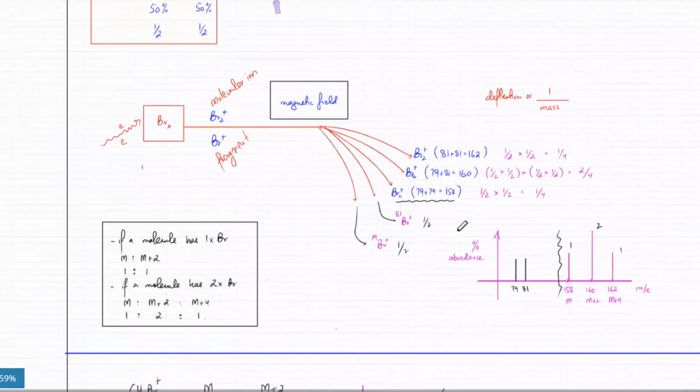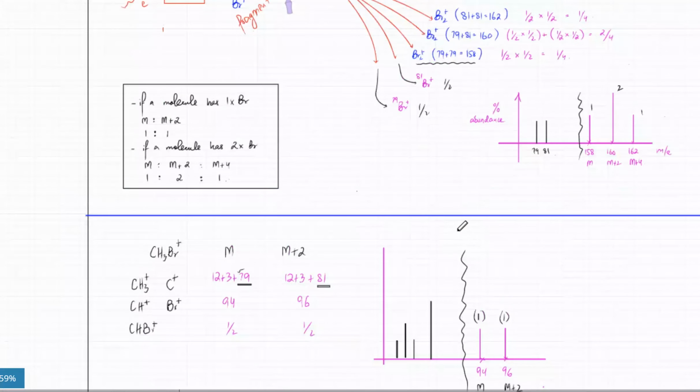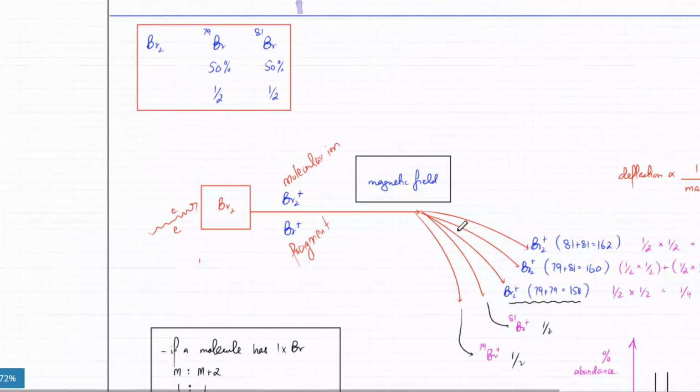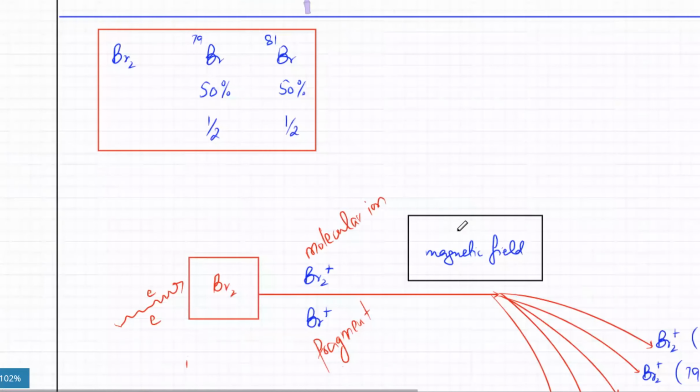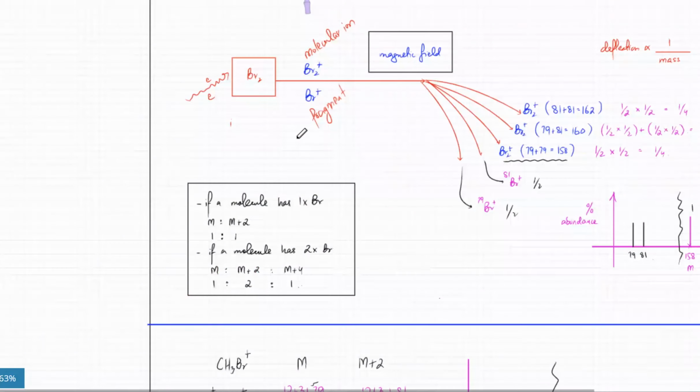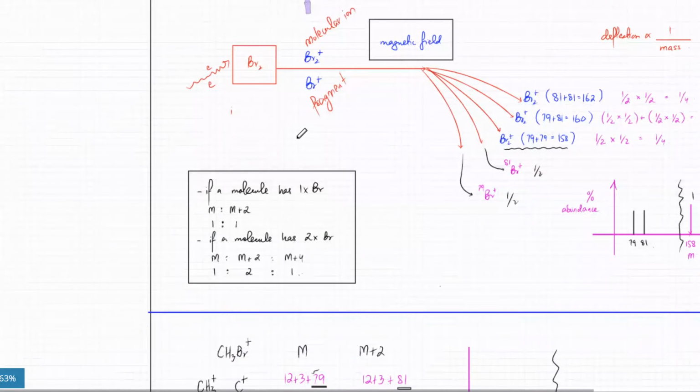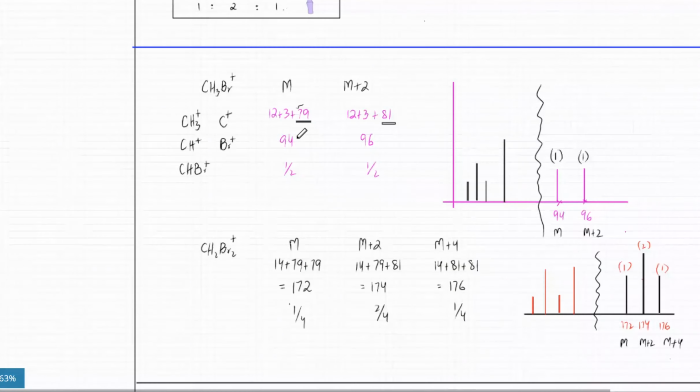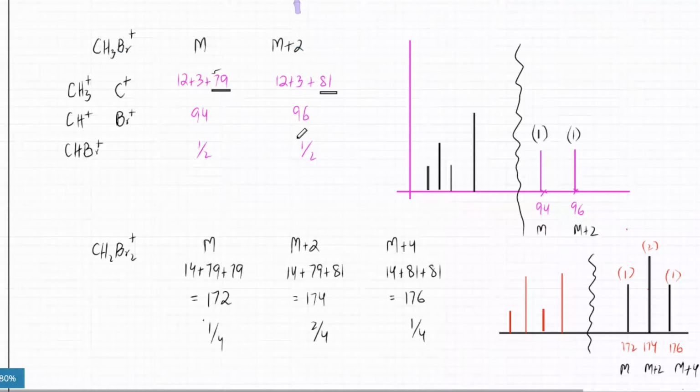Okay, and the next thing we did was for bromine. Bromine had two very abundant isotopes and they had equal probability. So it was 1/2 and 1/2, or 50%, 50%. When you have a molecule with one bromine, the molecular ion will have two different masses. Why would it have two different masses?